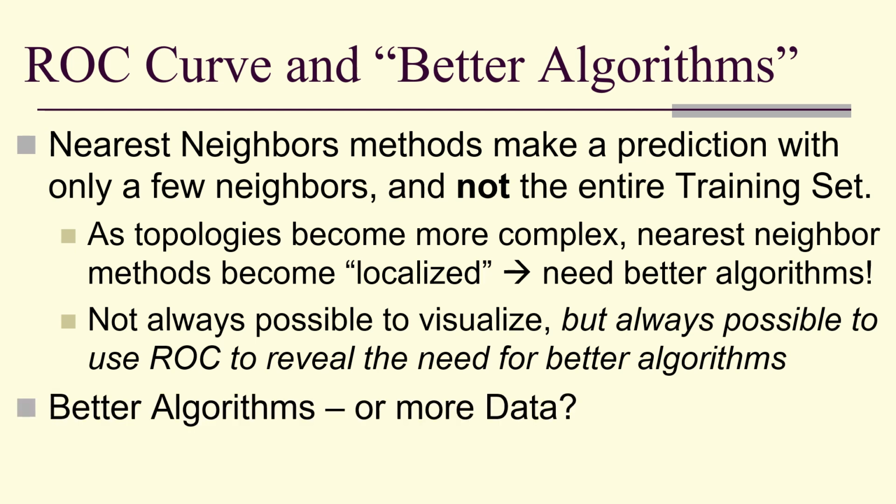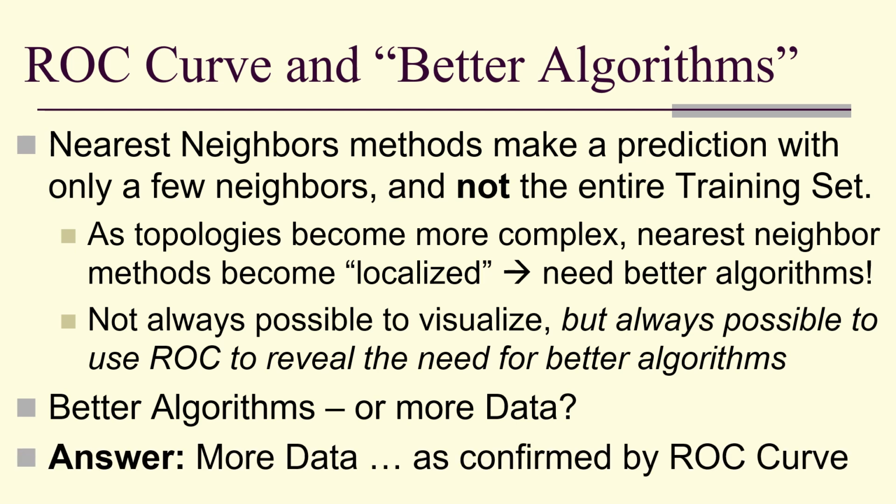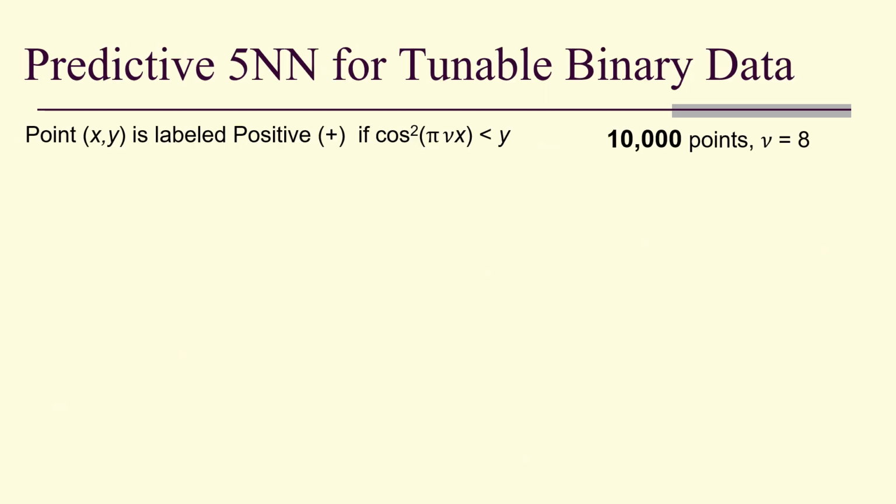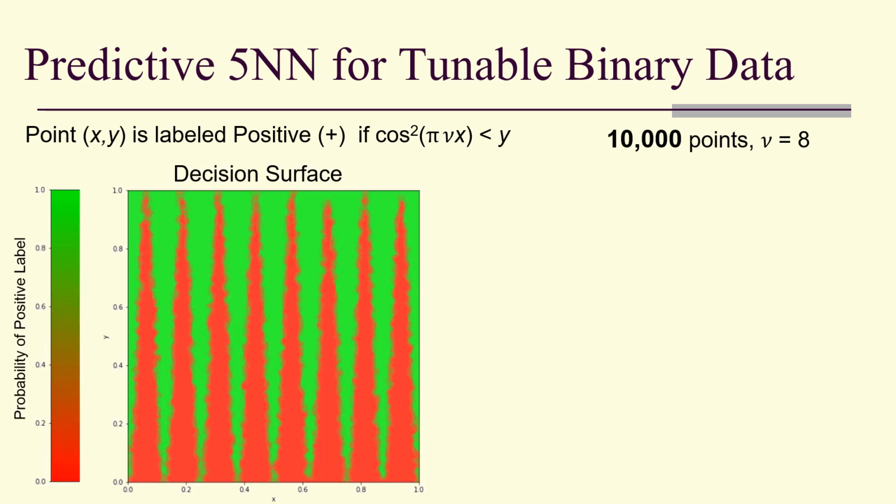So there's often an important question to address: do we need better algorithms or more data? The answer is almost always more data, and we'll confirm this using the receiver operating characteristic. So let's go back to 5 nearest neighbors. Now let's go up, however, for n equals 8, to 10,000 points. Notice our decision surface.